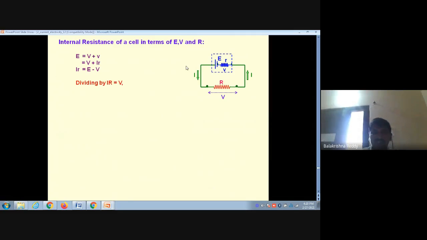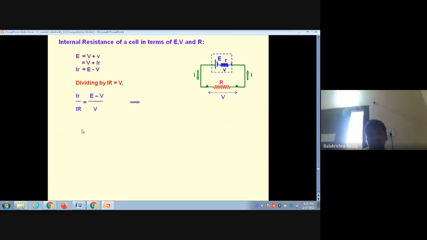From the previous case only, we have taken E equal to V plus v, and the internal drop can be written as I into r. So I made I into r as a subject, E minus V I have written. Now what I am doing simply, I am dividing both sides with the terminal voltage, I into R and V here. So here the I gets cancelled, therefore the current term is eliminated completely.